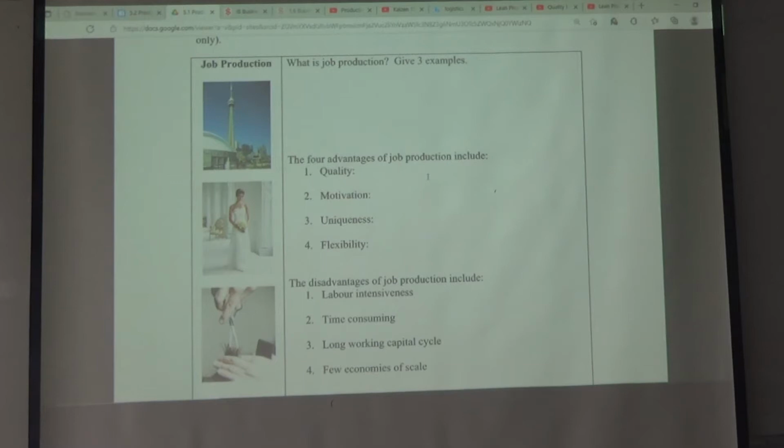Job production usually has a lot of hands-on labor, so the uniqueness is huge. The flexibility in the design is huge because there's only one being made. Because it has to be perfect and there's skill involved, and there's a lot of motivation behind it, typically the quality follows.